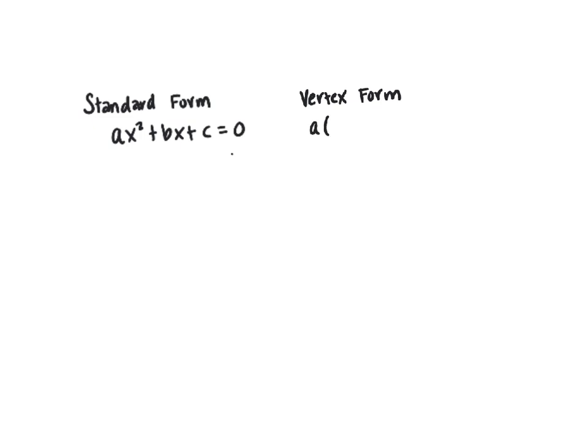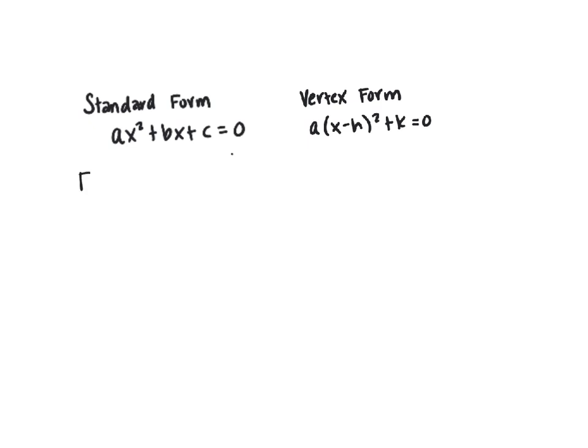We've got standard form of quadratics, which looks like ax squared plus bx plus c equals 0. We have vertex form, which would be a times x minus h squared plus k equals 0.